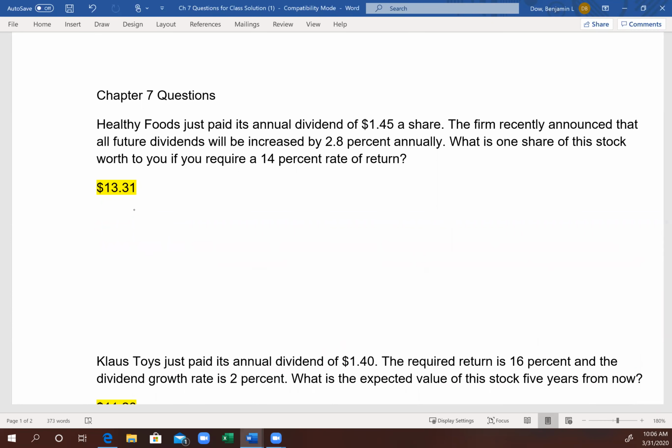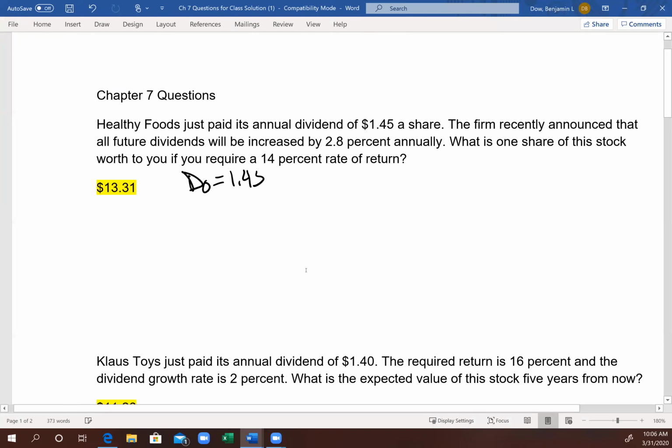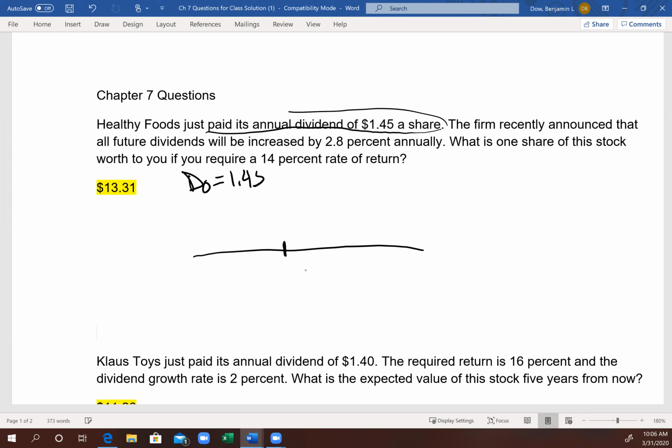All right, I'm going to go ahead and probably give myself more room. So if we look at it, let's draw it out. The last dividend that was paid was $1.45. Now, that came from earnings per share that were earned in the previous quarter. Okay. That's the information that we'll use to figure out if we buy it today, we don't get the dividend that they just paid.